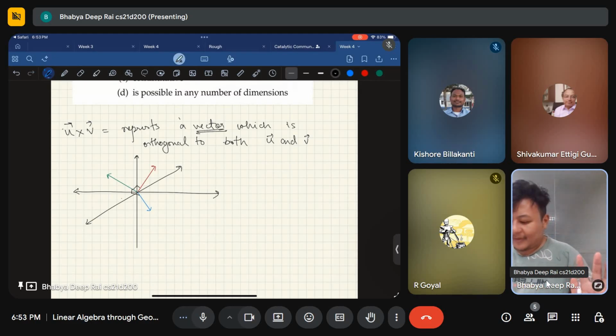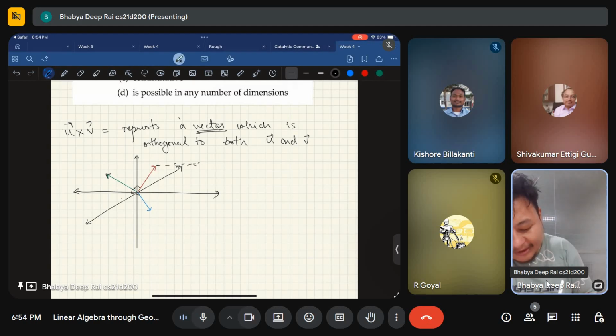But it is not just that. It also has a magnitude. Direction is definitely perpendicular, but a vector has a magnitude also. So what is the magnitude of the cross product?